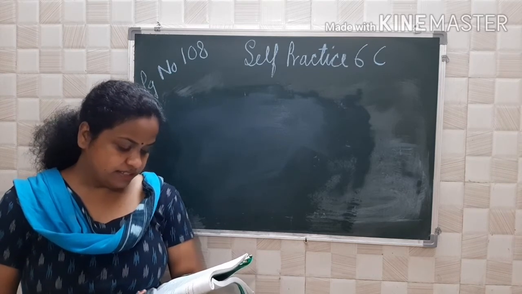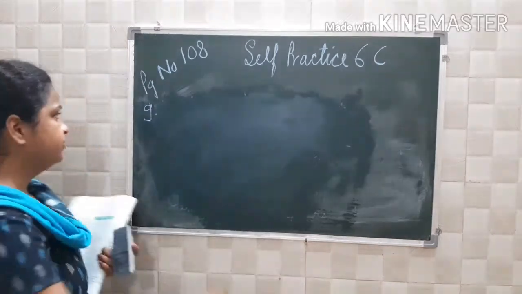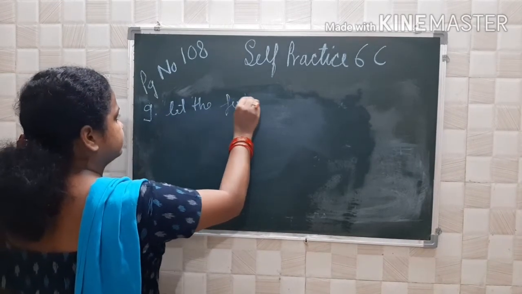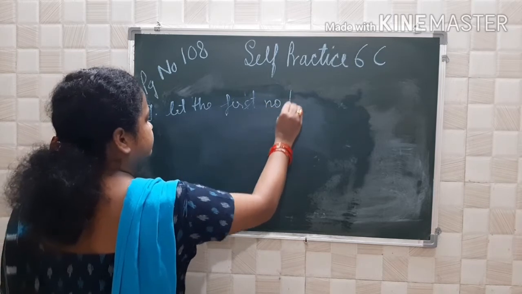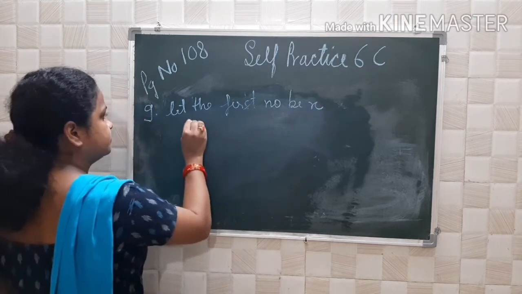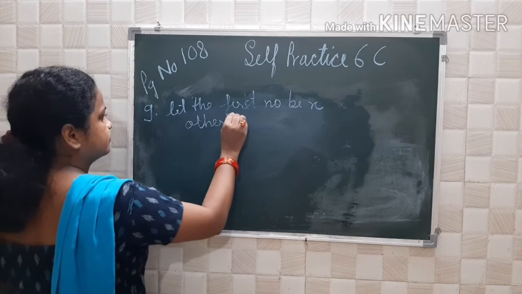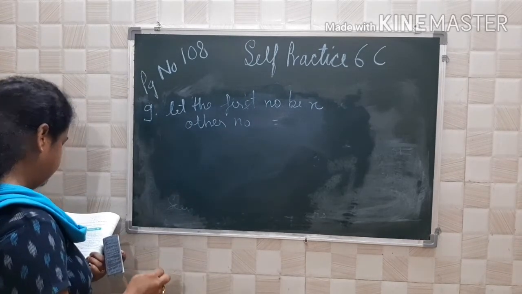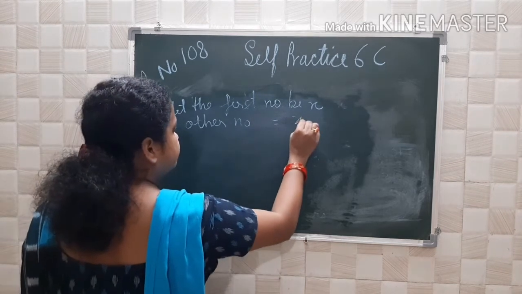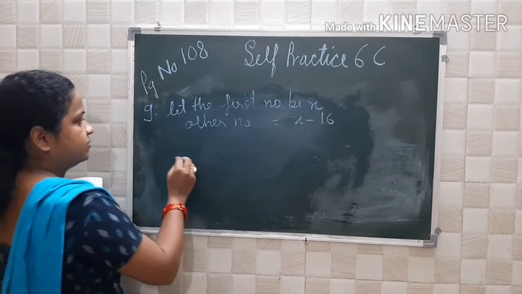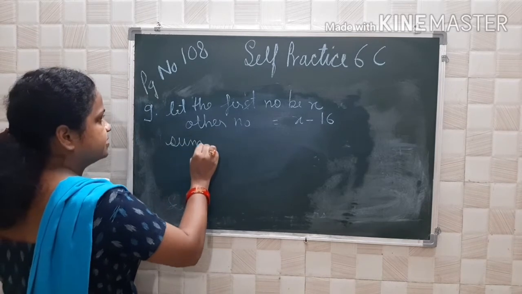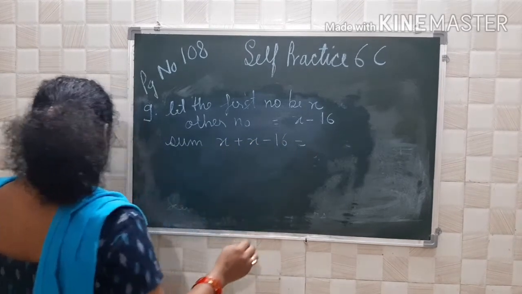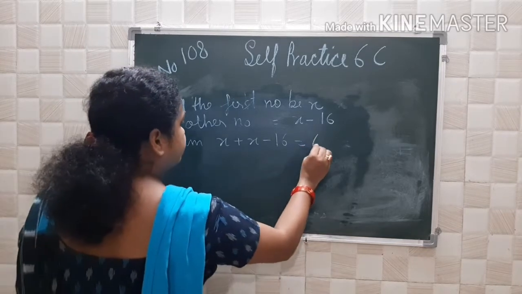So here you take, let the first number be x and the other number is equal to 16 less than the first, x minus 16. Now the sum of these two numbers is x plus x minus 16 is equal to 64.